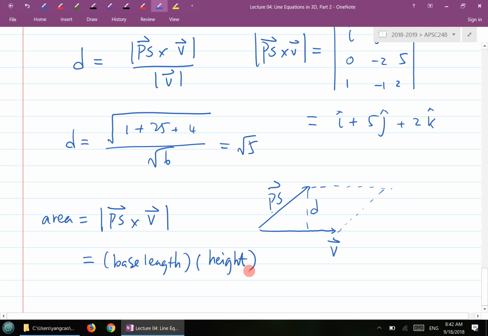Times the height. That's how we start calculating the formula. In this particular case, what's the height? It's the D. And what is the base length? That's the V here. Now you can see the shorter distance, or height D, is this.